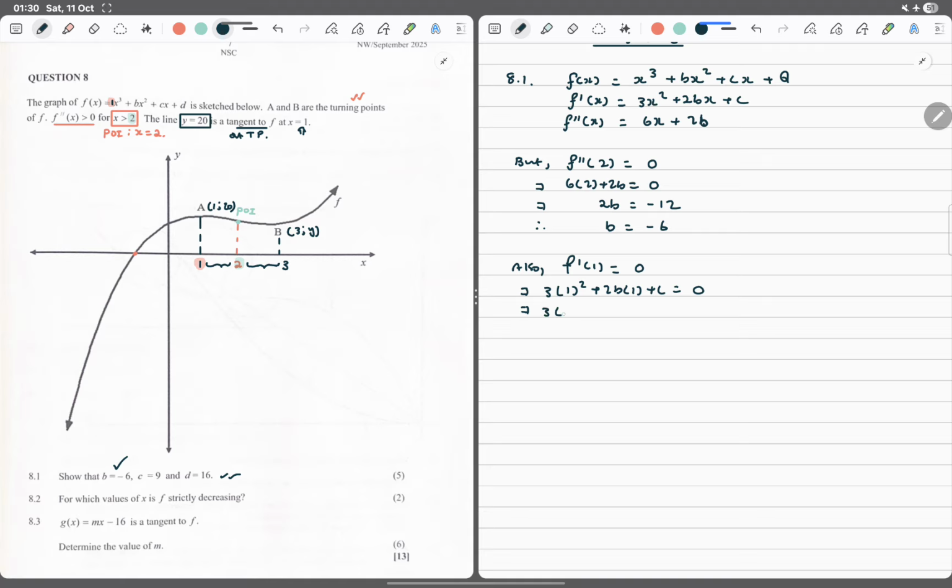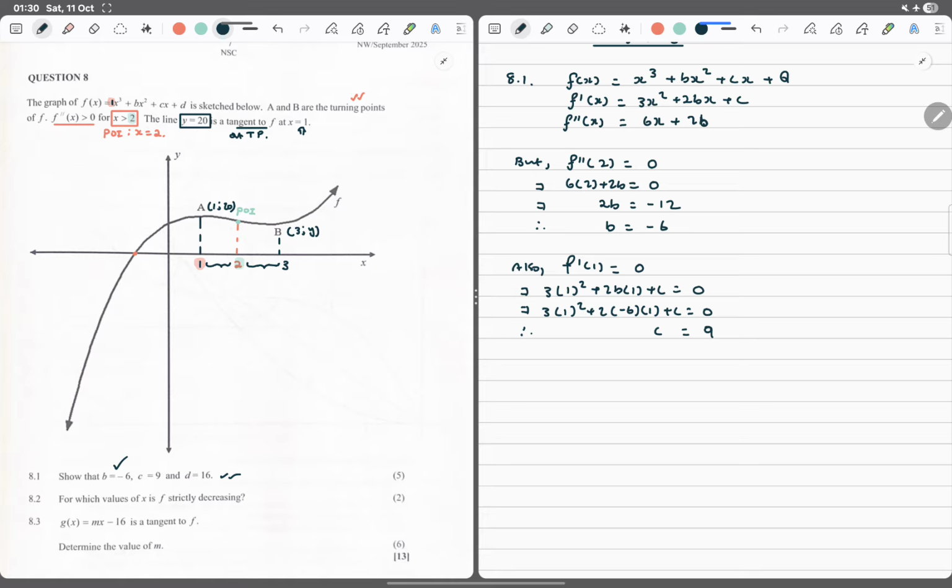Essentially, we're going to have 3 into 1 squared plus 2, instead of b, we put minus 6 into 1 plus c equals 0. Therefore, c is going to be, let's see, what do we get? 3 minus 12, right, is minus 9. So when you transpose this, c becomes 9.